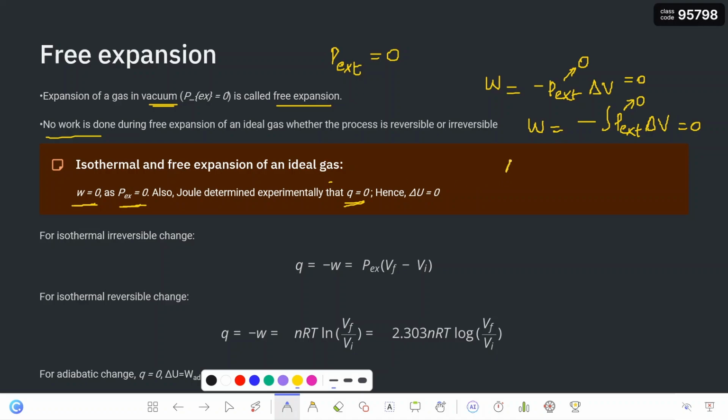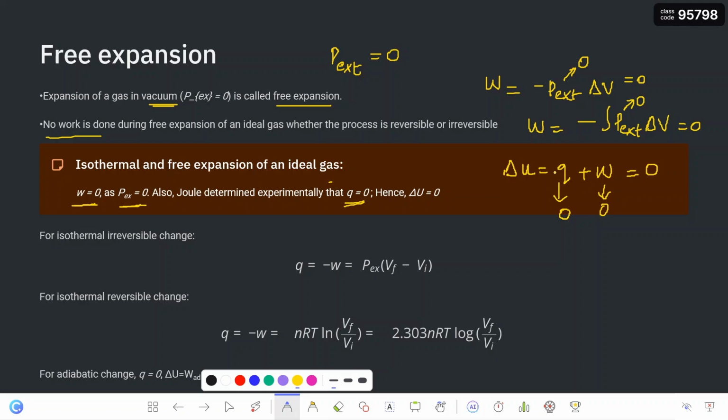According to the first law of thermodynamics, delta U is equal to Q plus W. W is equal to 0, and there is no heat transfer in free expansion, so Q is also equal to 0. Hence delta U will also be equal to 0 at constant temperature. For free expansion of a gas, work, heat, internal energy change, and pressure are all equal to 0. You just remember it.